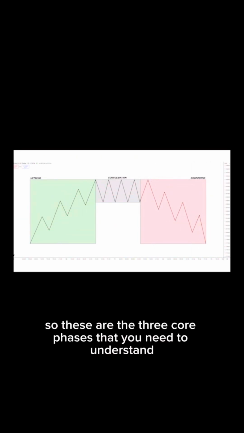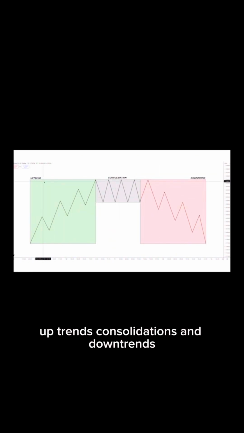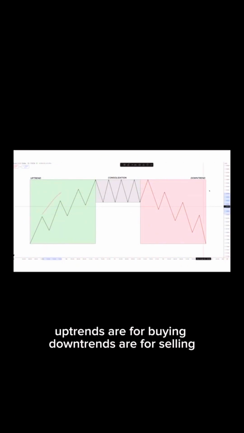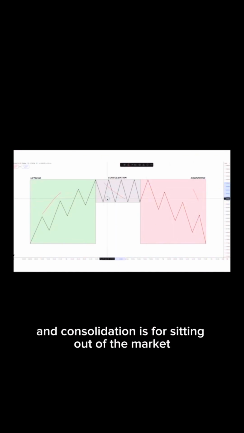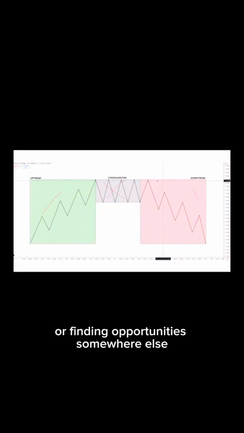So these are the three core phases that you need to understand: uptrends, consolidations, and downtrends. Uptrends are for buying, downtrends are for selling, and consolidations are for sitting out the market or finding opportunities somewhere else.